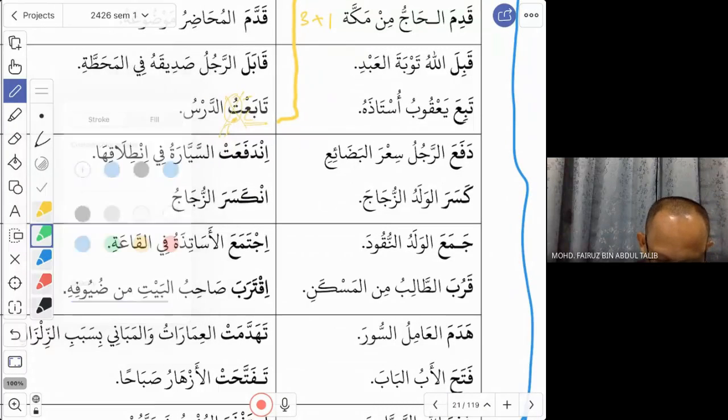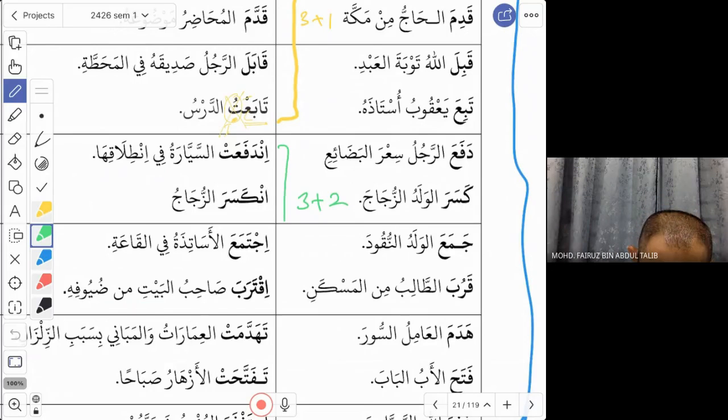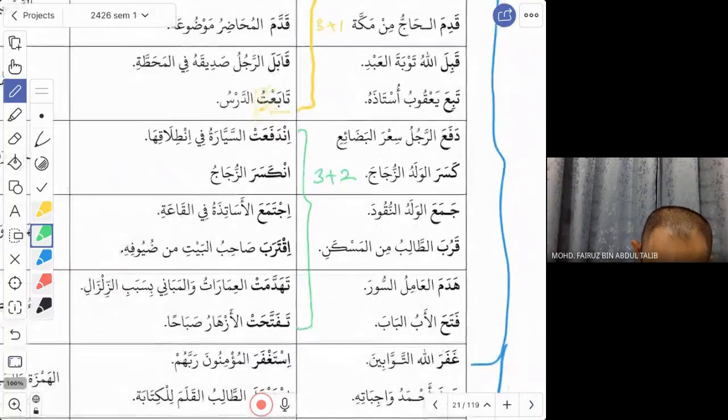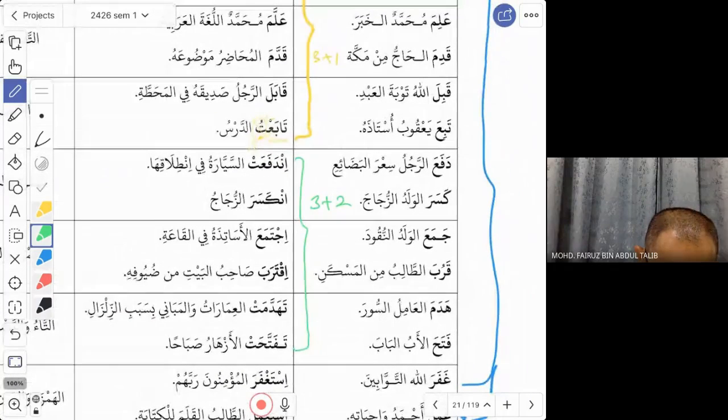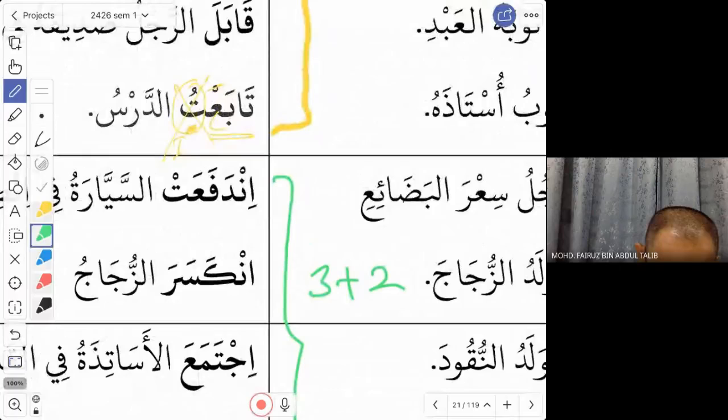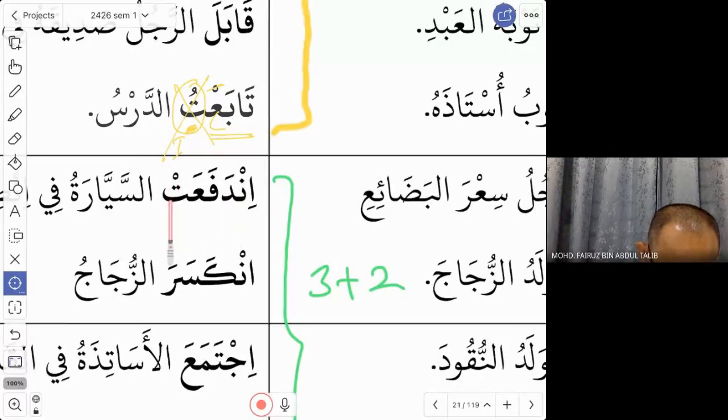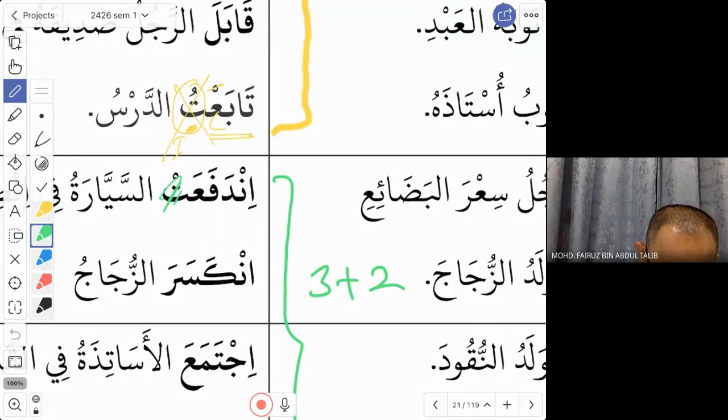Also mazid, the same thing. The term is still similar. We call it sulasi mazid. But mazid bi harfain. You add 2 letters. So for example here, this until here. If you look at this word indafa'a, you ignore this ta because this is muannas for the word sayyara. So the fi'il itself is indafa'a. It moves, the car moves rapidly.